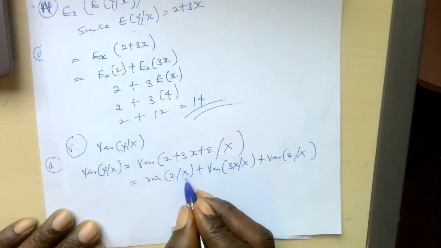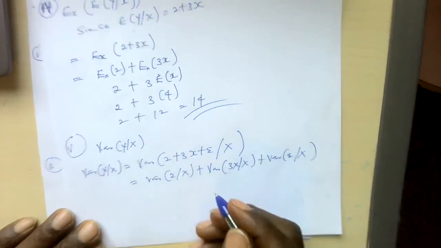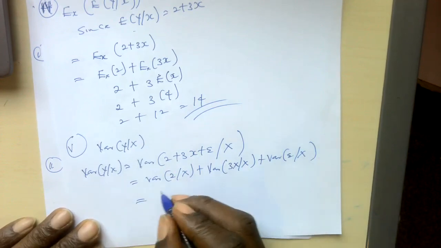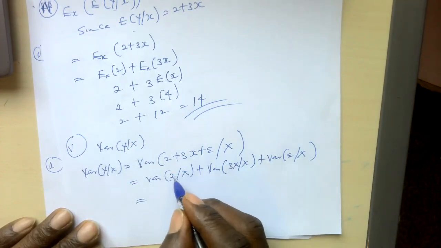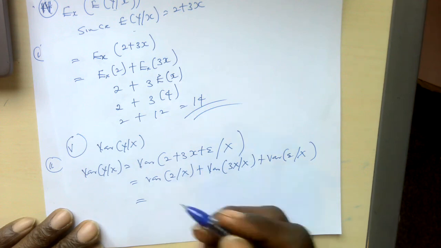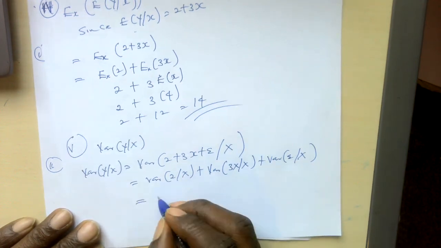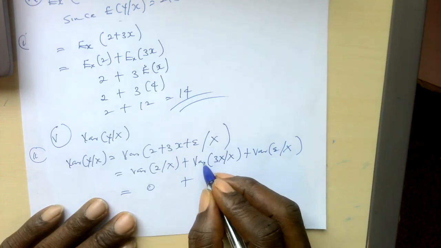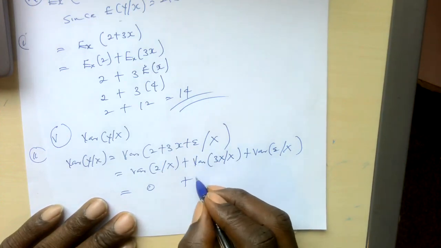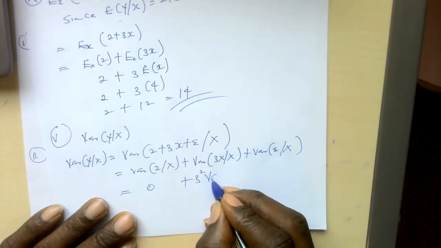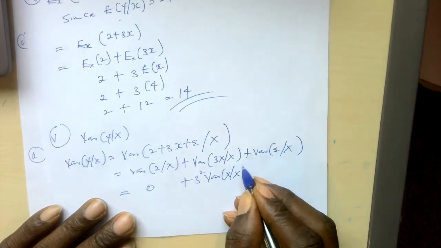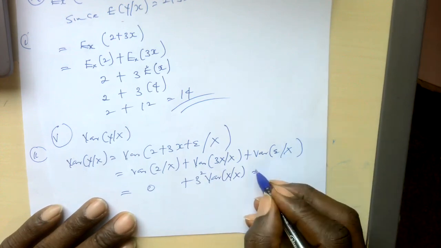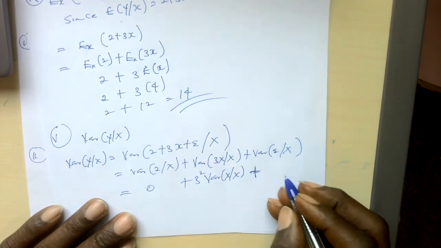The variance of 2 is a constant given x, so it's still going to give us 0 anyway. Bring out the 3 constant, and because it's coming out of variance, that's 3 squared, which is 9, times the variance of x given x, which is 0. The variance of error we are told before is 1.